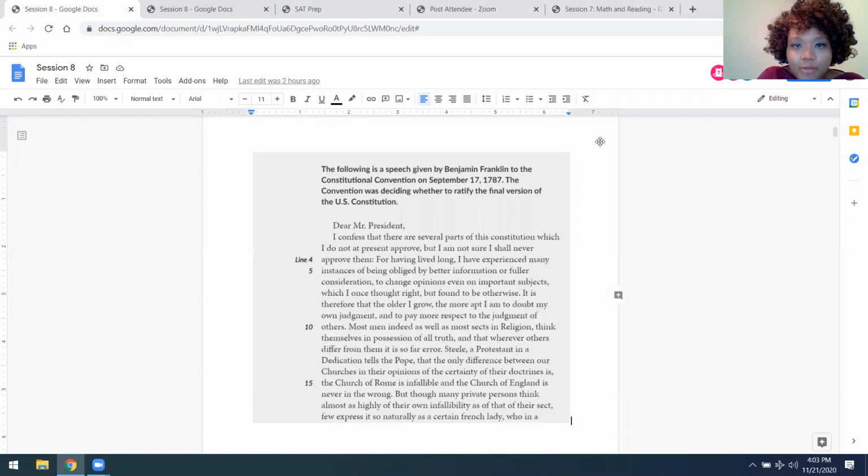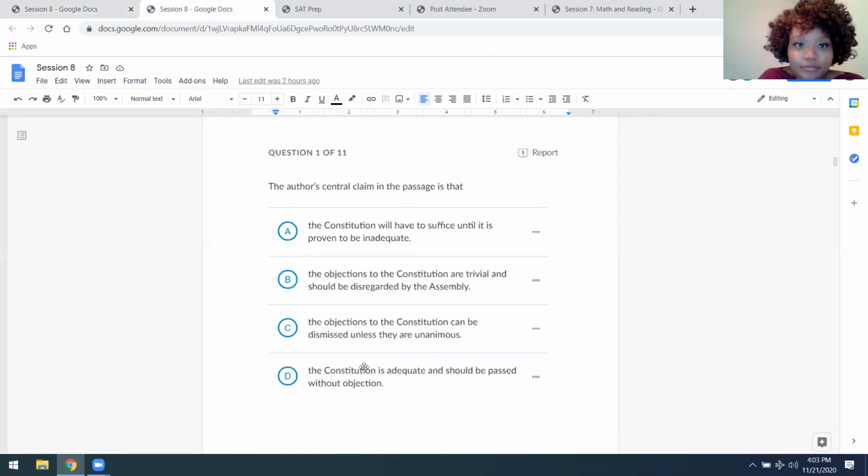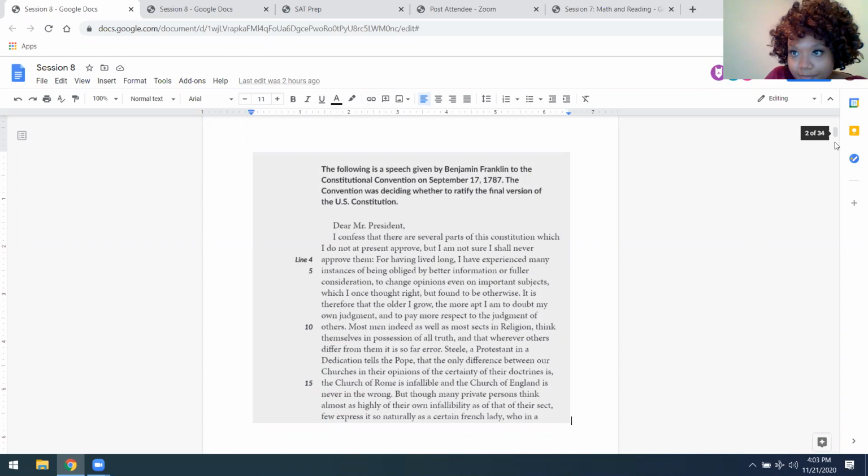It definitely does talk about how he thinks there is an issue with the Constitution. So the objections to the Constitution can be dismissed unless they are unanimous. This is actually lines 30 through 34. Thank you. So let's look at 30 through 34.